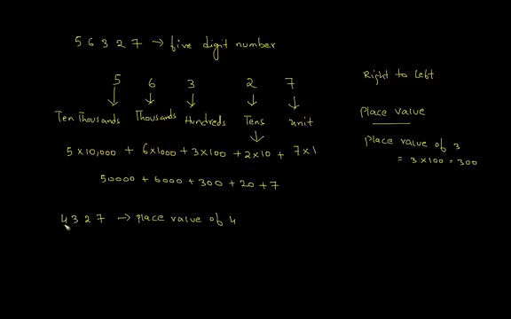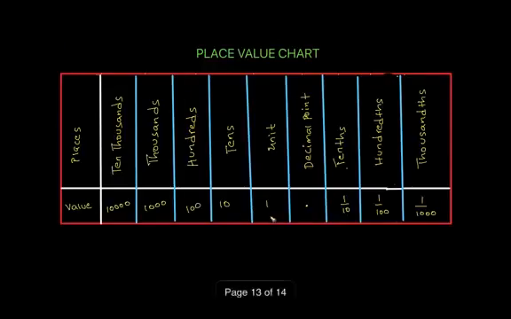So the place value of 4 is 1000. 4 into 1000, right? 4,000, right? See here. Unit, tens, hundreds, thousands, 10,000, right? From right to left you need to go, right? Understood?